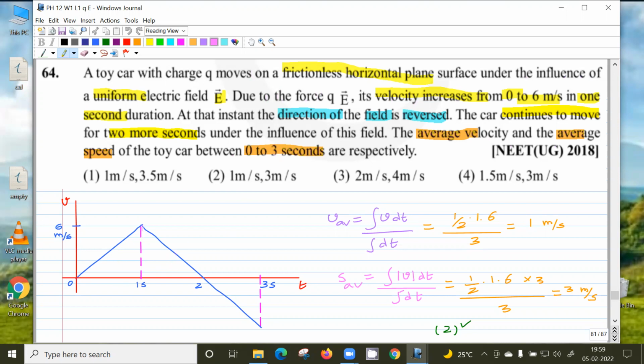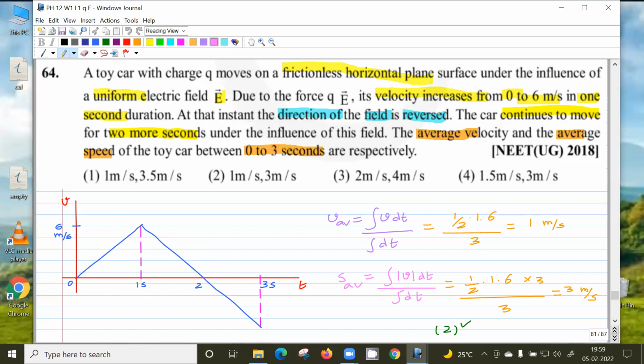After 1 second, the direction of the acceleration will change, so velocity will keep on decreasing. The slope here and here will be the same because the force is the same, QE in magnitude, only the direction is changing. So whatever is the positive slope here should be the same as the negative slope here. So it goes up, and in the next 1 to 2 seconds it will become 0.